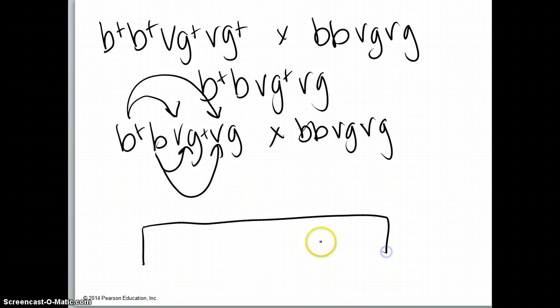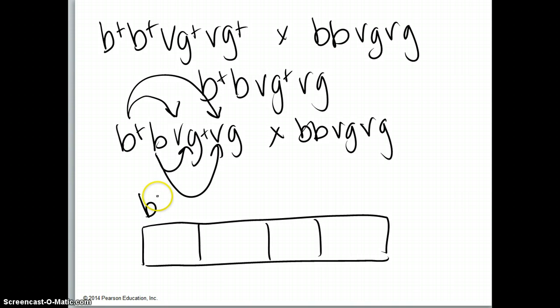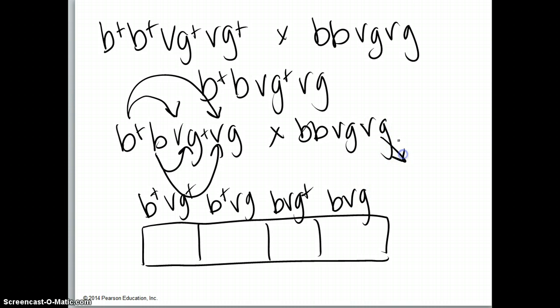Make that Punnett square. So I could make B plus VG plus, B plus VG, B VG plus, and B VG. Okay, and this individual right here is only going to be able to produce B VG.